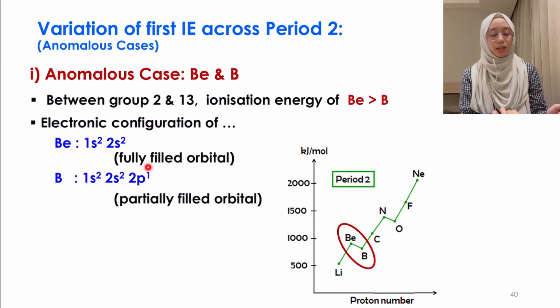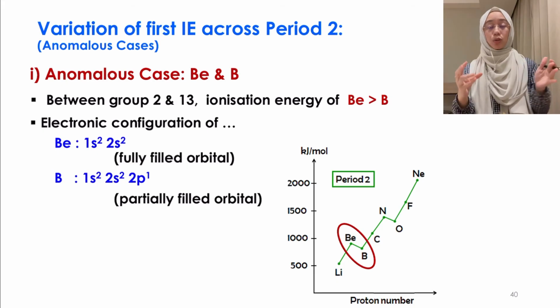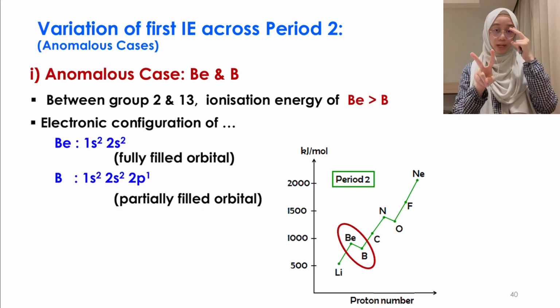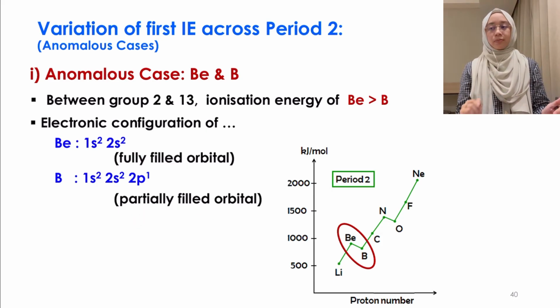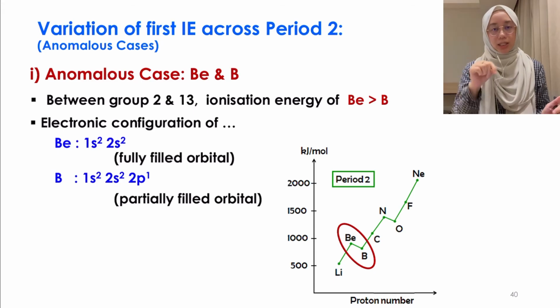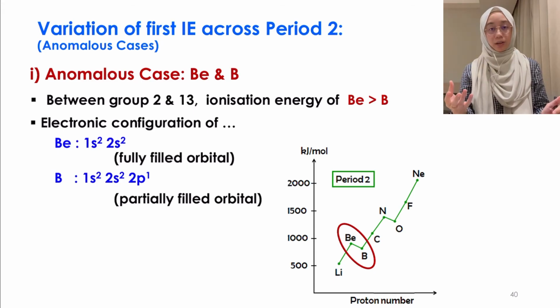So fully filled ni bermaksud dia memang penuh lah, orbital tu penuh. 2s boleh isi penuh 2 kan. So 2s tu ni considered fully filled. Okay, meanwhile partially filled ni pula adalah as long as orbital tu terisi je, that is considered partially filled. Dia terisi 1 kah, 2 kah, okay, itu consider partially filled asalkan dia terisi. Okay, so 2p1, so terisi 1 dekat sini, so ini considered partially filled orbital.